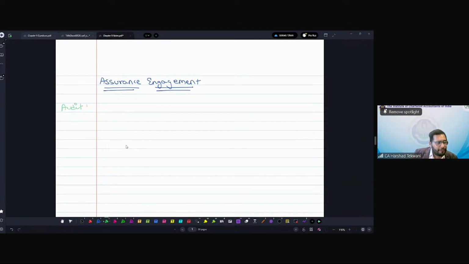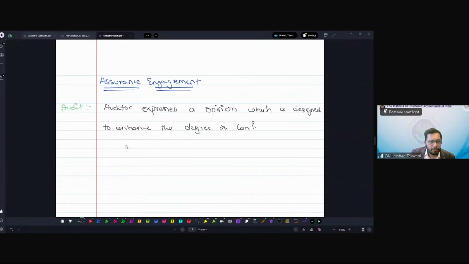If I have to define audit, audit is an engagement, an auditing engagement, where the auditor expresses a conclusion, an opinion, which is designed to enhance the degree of confidence of the intended users.